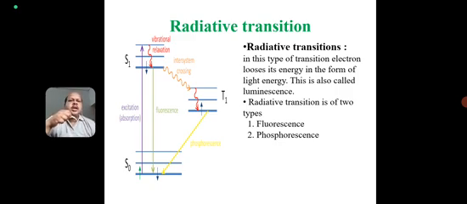Radiative transitions are also called luminescence because during these changes the electron loses a large amount of energy in comparison to non-radiative transition, and here the energy is released in terms of light rays or electromagnetic waves. Radiative transition is of two types, that is fluorescence and phosphorescence.